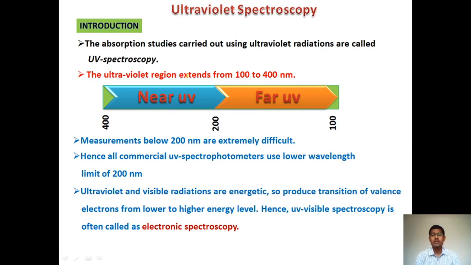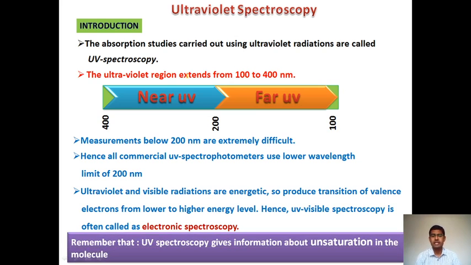Hence, ultraviolet or visible spectroscopy is often called electronic spectroscopy because in these spectroscopies electronic transitions take place. The main thing to remember is that ultraviolet spectroscopy gives information about unsaturation in a molecule. What is the use of ultraviolet spectroscopy in organic chemistry? It gives an idea about the unsaturation in a molecule.